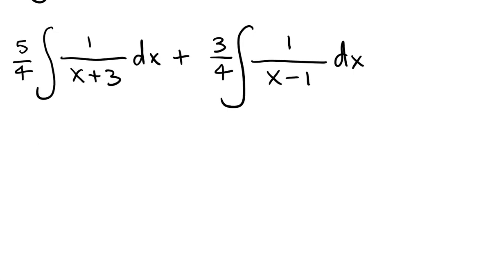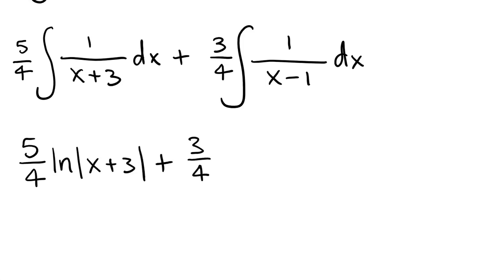We just recall that we need to take the natural logarithm of them. So it's 5 over 4 times the natural logarithm of the absolute value of x plus 3, and then plus 3 over 4 times the natural logarithm of the absolute value of x minus 1, plus our constant of integration.